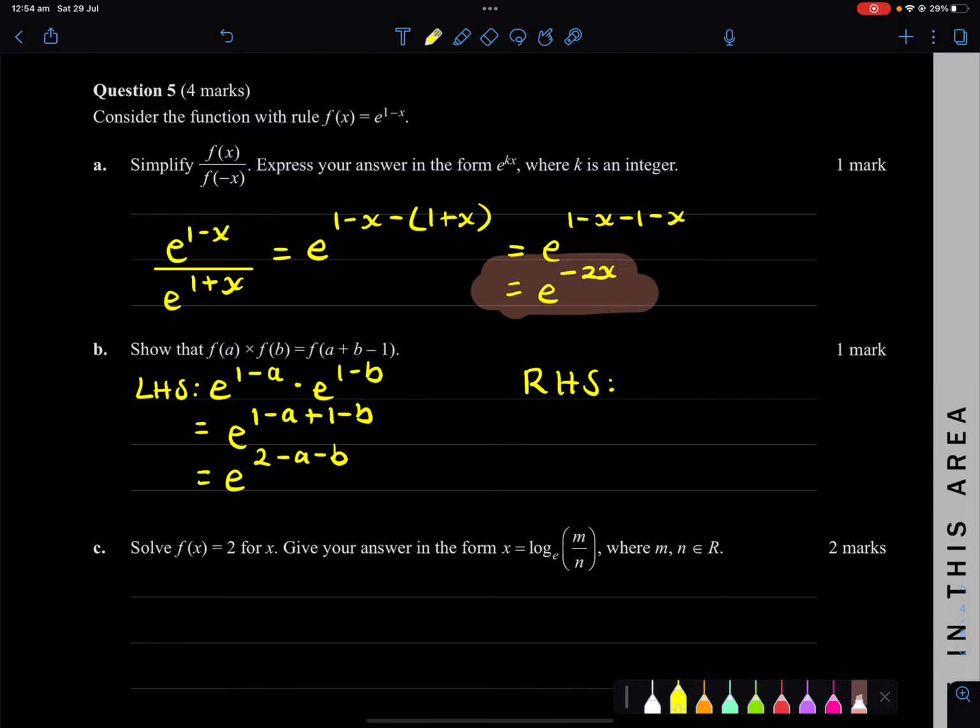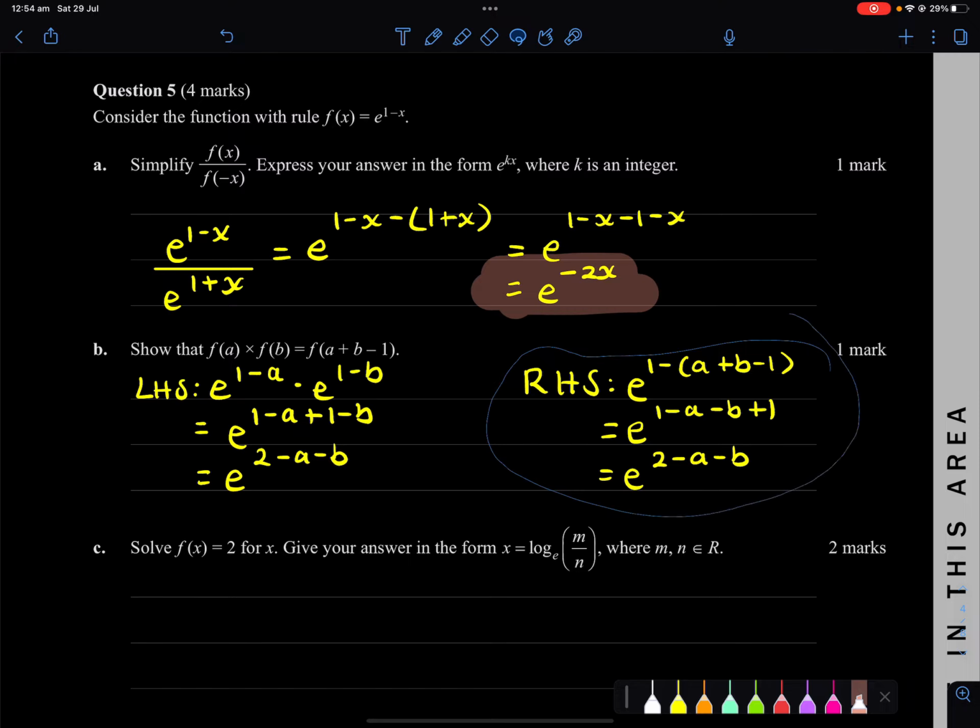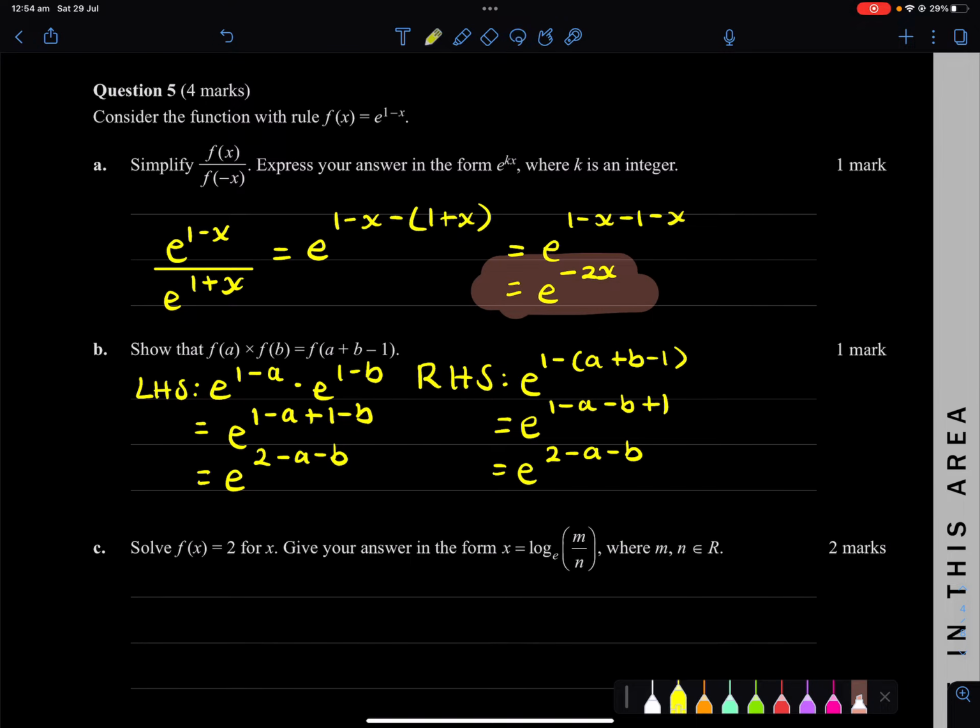The right-hand side is e^(1 minus a plus b minus 1)... which equals e^(1 minus a minus b plus 1), so therefore e^(2 minus a minus b). So what can we see? That the left-hand side is actually equal to the right-hand side. So therefore, we can say left-hand side is equal to right-hand side. That should give you your solution.